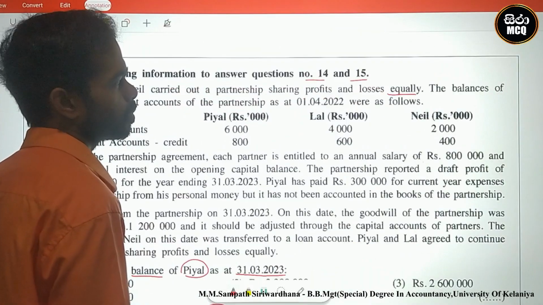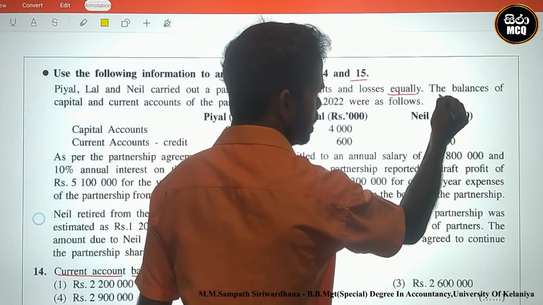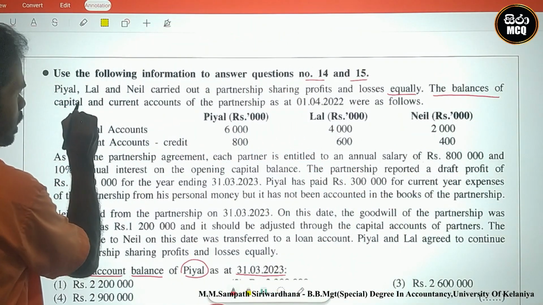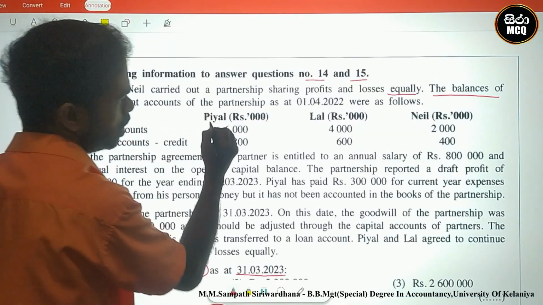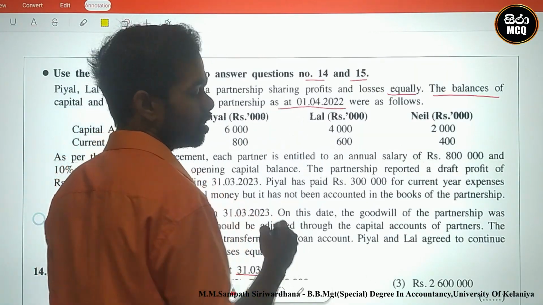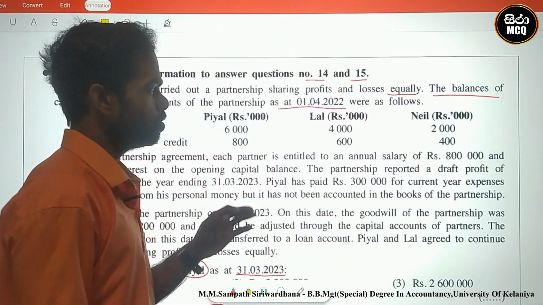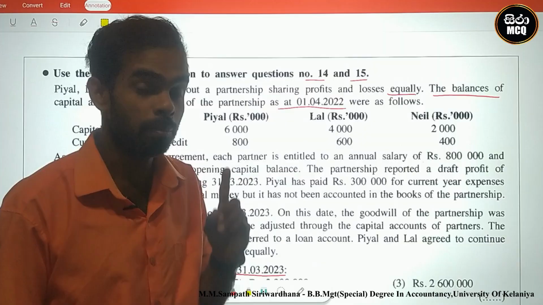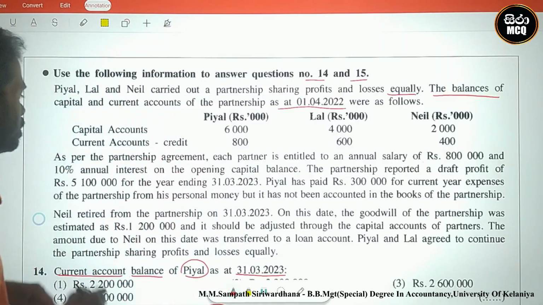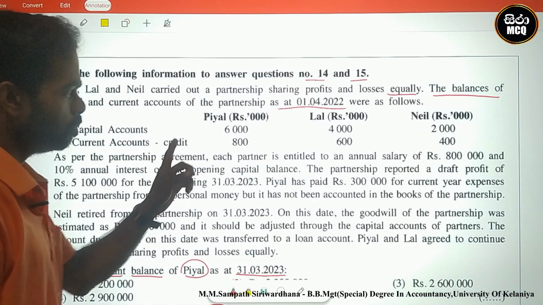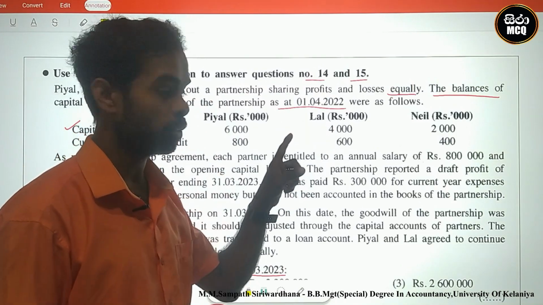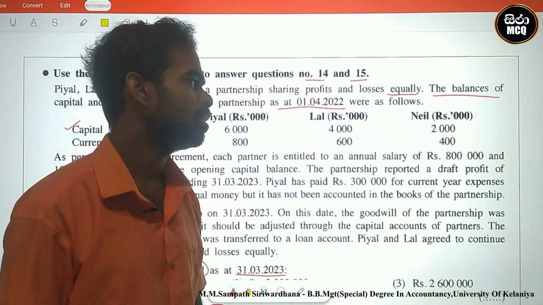Next one, look here: the balances of capital and current accounts of the partnership as at 1st April 2022 were as follows. These are the opening balances. Capital accounts: PL 6,000, Lal 4,000 and Neil 2,000.